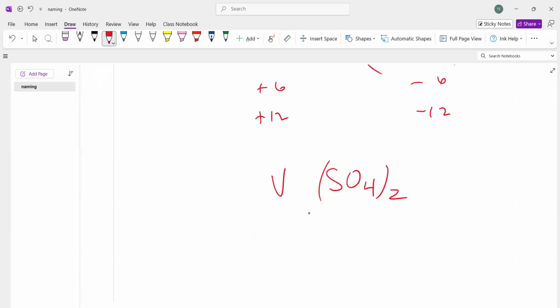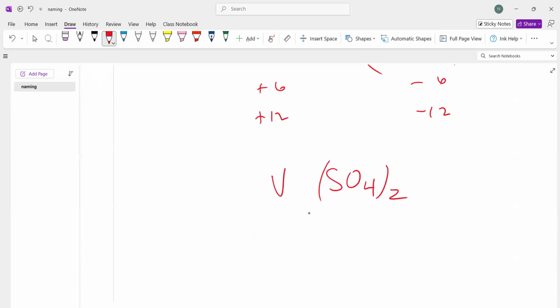Which one is it? There's vanadium 2, 3, and 4. Why 4? And how many vanadiums are in that formula? 1. So that forces the vanadium to be 4.